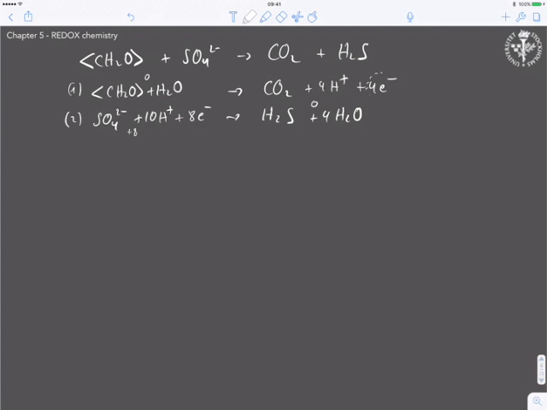So we need now to have the same amount of electrons on each half reaction. That means you need to multiply this one by 2. I'm going to rewrite equation 1 here. 2CH2O plus 2H2O will give you 2 CO2 plus 8 protons plus 8 electrons.